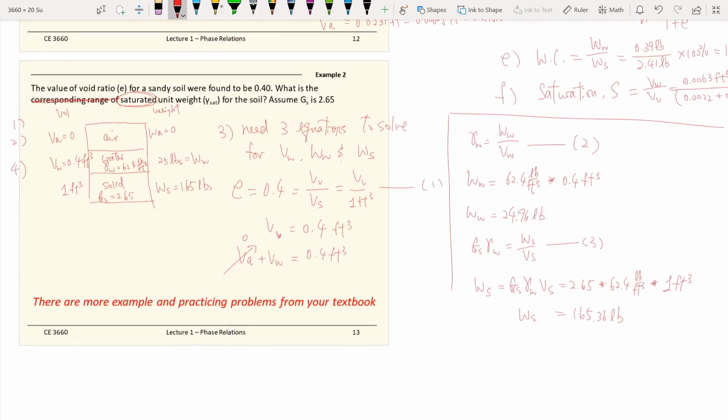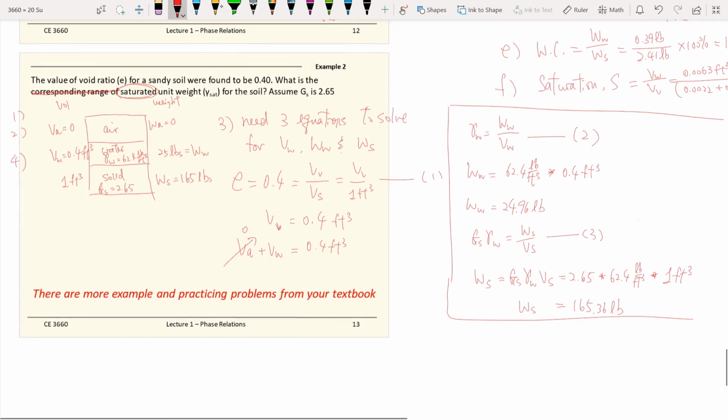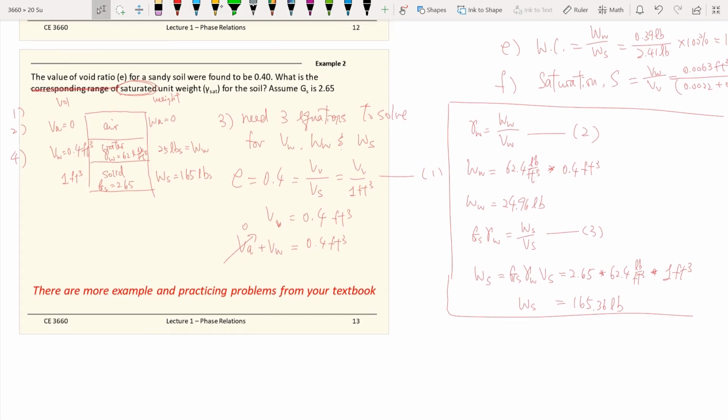And the very last part is just to solve. Now we are ready to answer the question. They ask you for the saturated unit weight, which means the total unit weight at the end of the day.